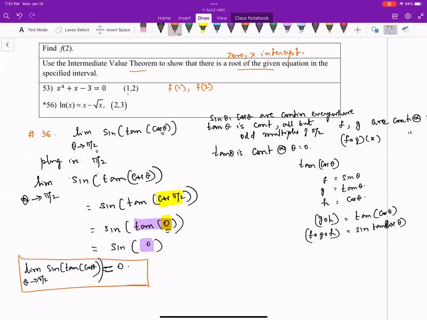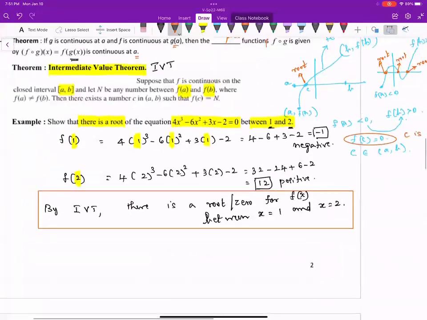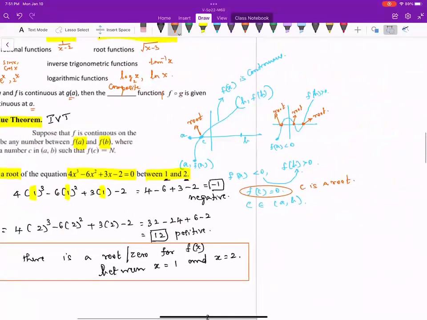That will show that the function will have a 0 between 1 and 2. If you look at the intermediate value theorem that we proved, when it changes sign like that, it crosses the x-axis.